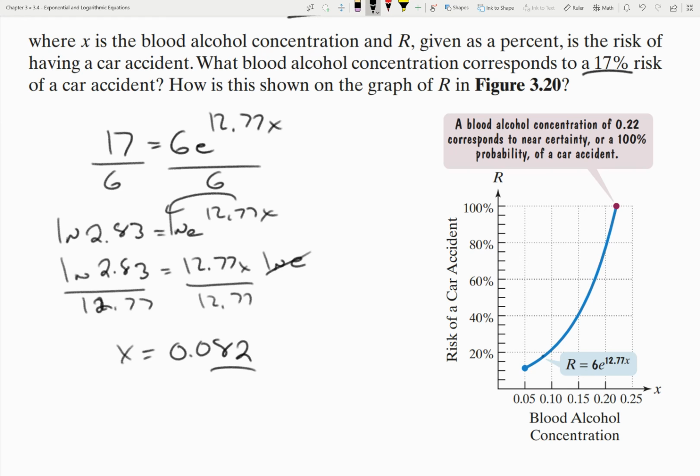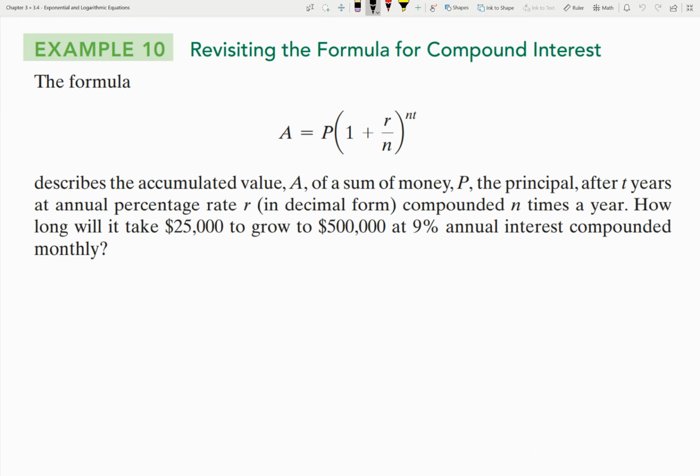So you've got 0.08 right here, and you can see that it's around 17%. And look at this, 100% at blood alcohol 0.22. So you're a little bit less than halfway there to 100% car accident. Okay, that's a sad question.